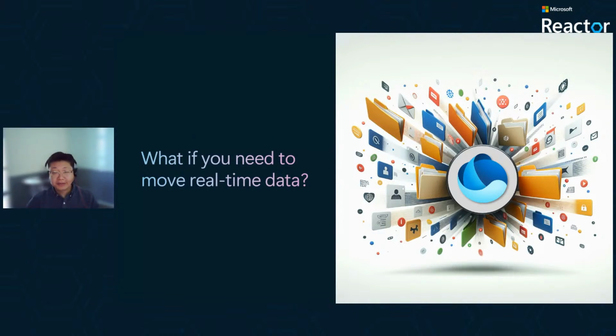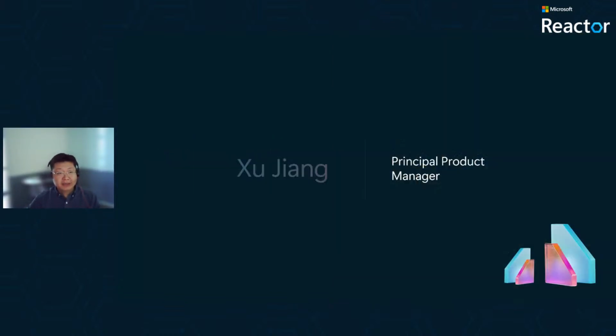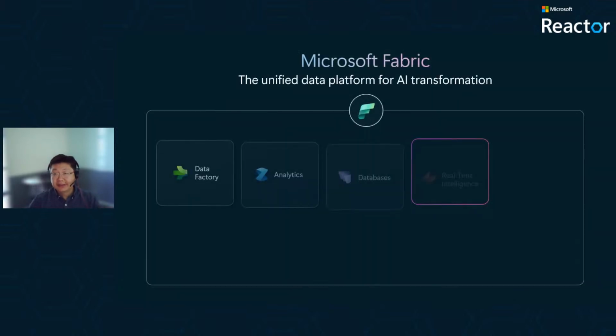Yeah, thank you, Linda. Linda has talked about much of the batch data movements in previous slides, and now let's change the focus to the real-time data. So I'm Xu Jiang, product manager working in Real-Time Intelligence, and I mainly focus on the Eventstream part. So let's go to the details.